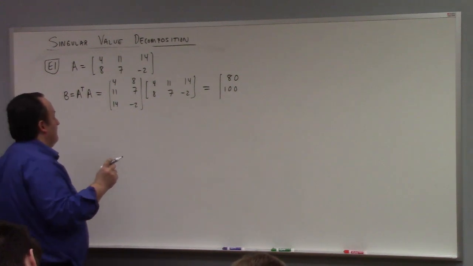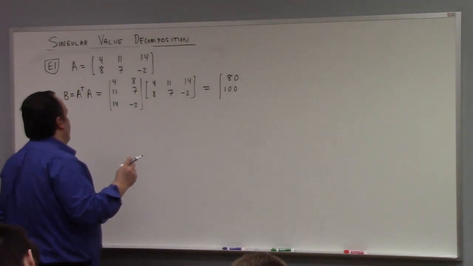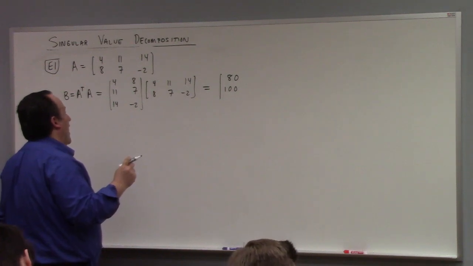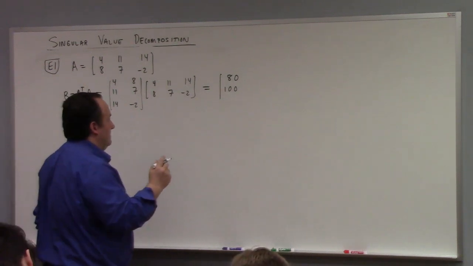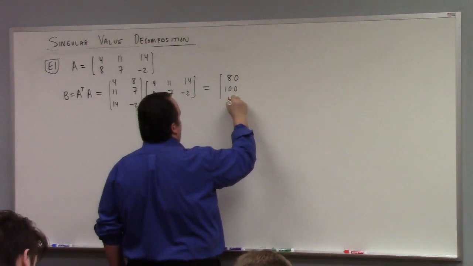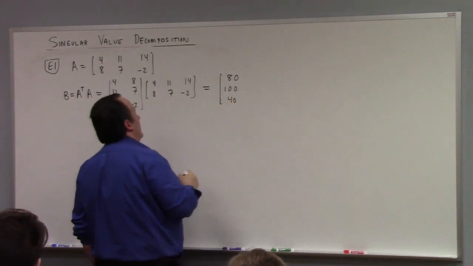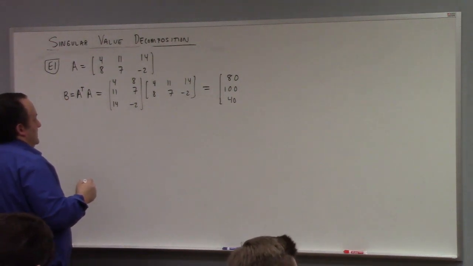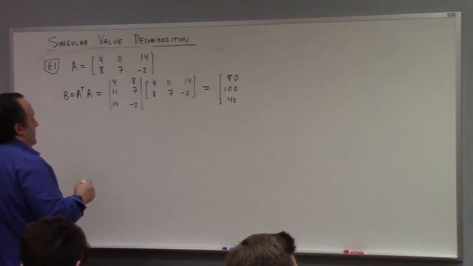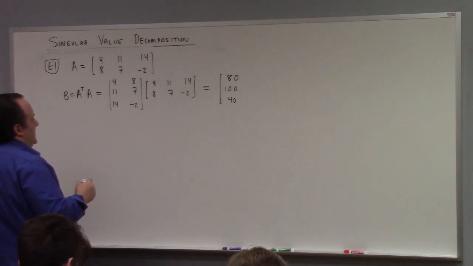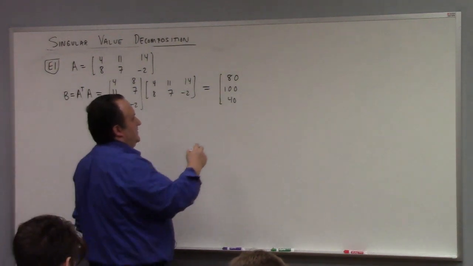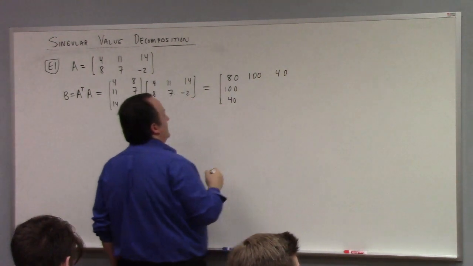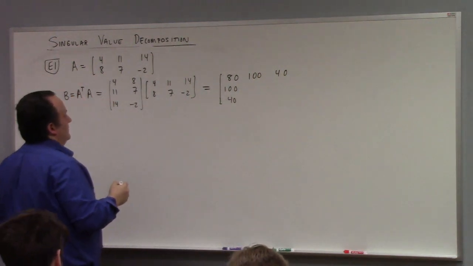Then what? 4 times 14, 56. 56 minus 16 is 40. And I got 44 plus 56. Oh, we should know this is 100 and this is 40, right? It's symmetric. You can check me on that.